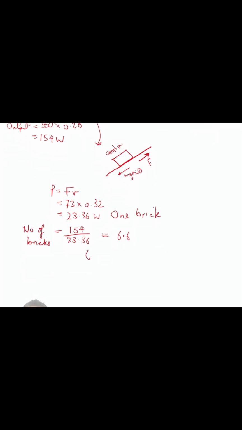So don't forget, this is for one brick. So for the total number of bricks, just divide the total output by this number for one brick, which is 154 over 23.36. So that gives me 6.6. So how many blocks? It's going to be 6 blocks or 6 bricks.